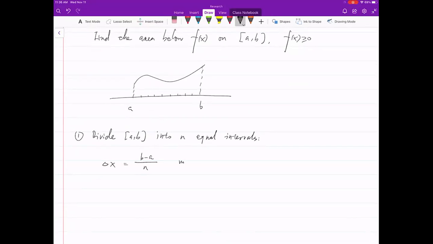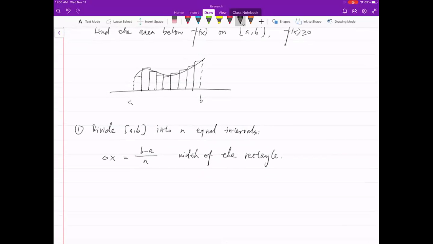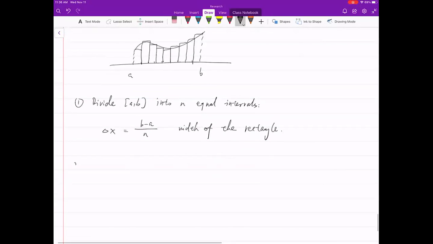That will be the width of the rectangle. Keep in mind. After that, you can start to draw a rectangle. Number 2, we want to figure out the area of each rectangle.